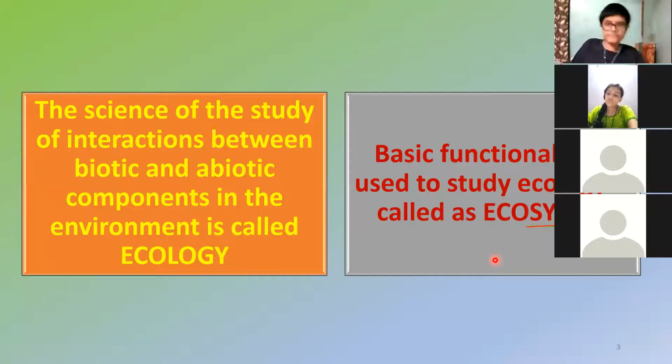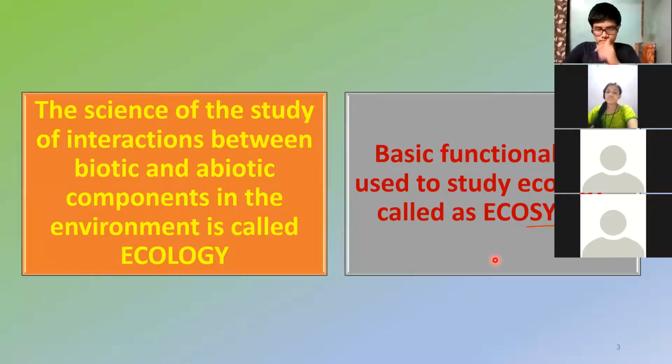That is one system. But that system should have its own fixed boundary. You should know where that system ends. That is one criterion. Secondly, that system should have abiotic components as well as biotic components.